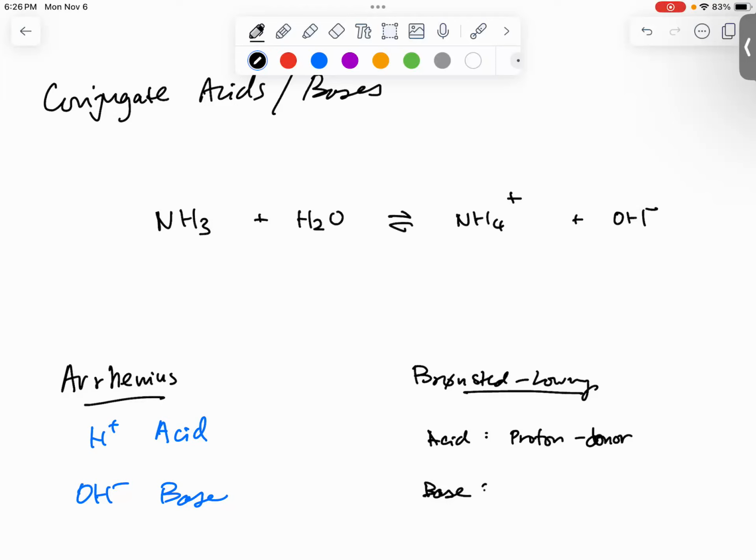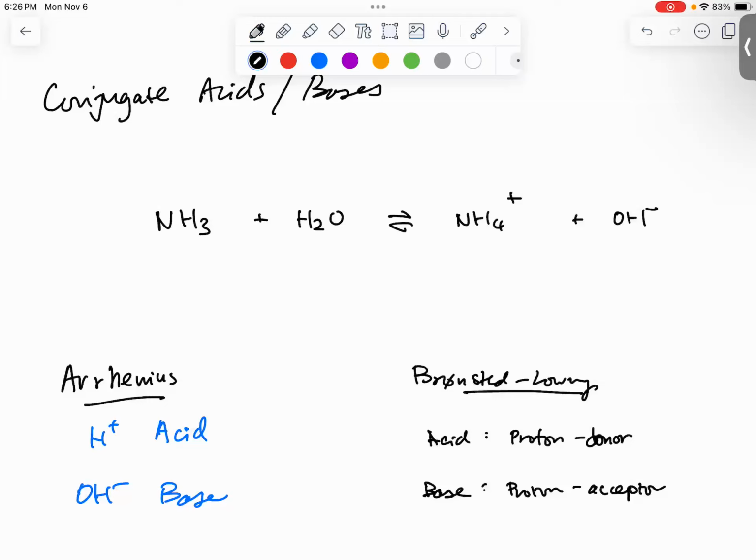If you can accept H plus, as an acceptor or receiver, either way, if you can accept a proton, like what we see in the equation, NH3 accepting one proton from H2O, that's why we call it a base.